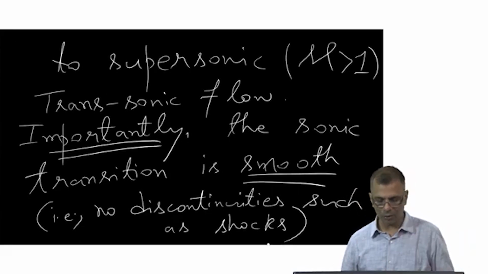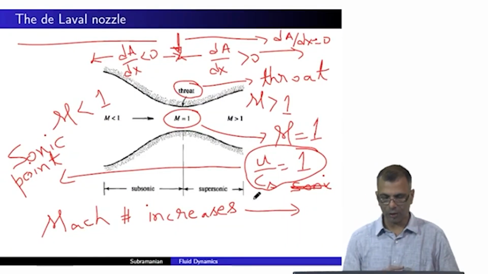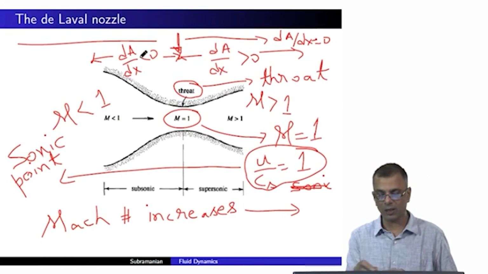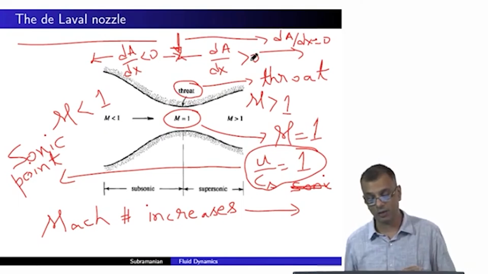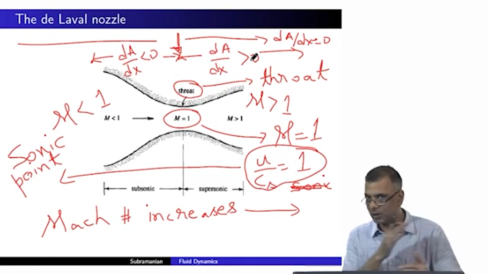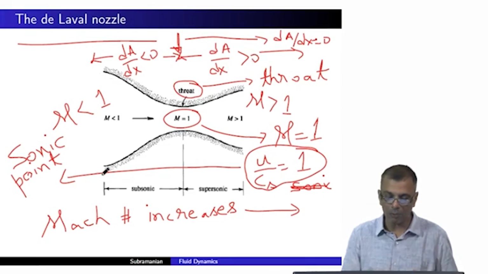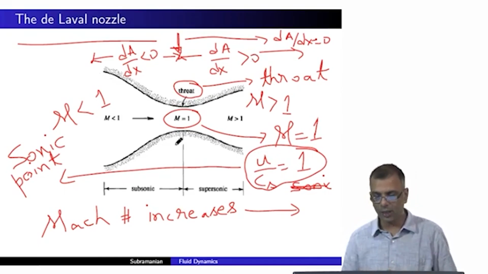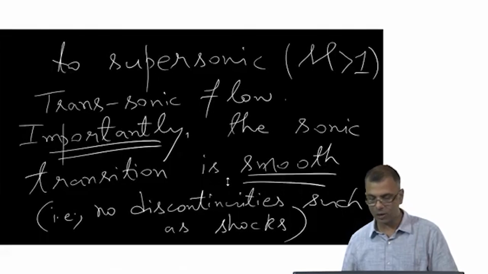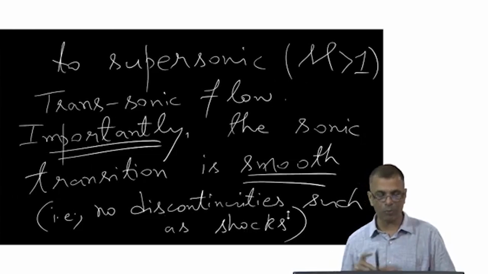Okay, the throat has to be, the throat. There are many ways in which you can transition from a dA/dx less than 0 to a dA/dx larger than 0, right? I mean, the converging nozzle can be very sharp, for instance, and the diverging nozzle can also be very sharp. But you have to engineer the shape of the nozzle such that the transition happens smoothly, without any discontinuities such as shocks. This is very important.